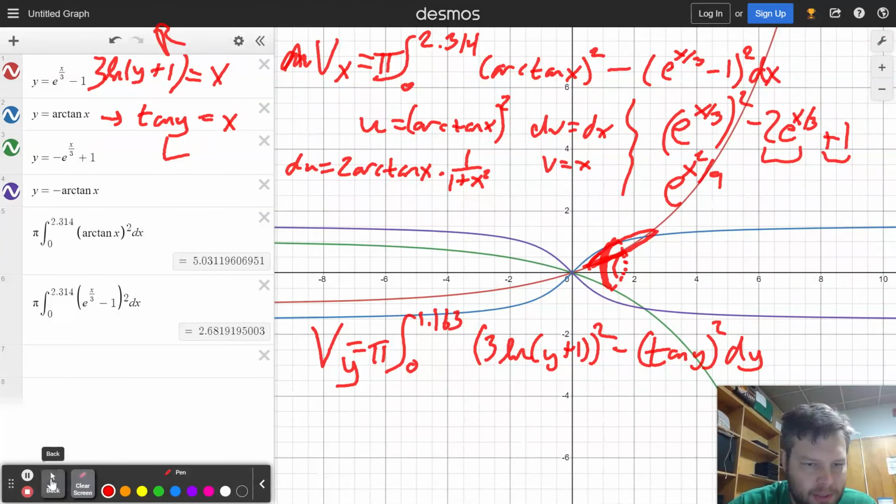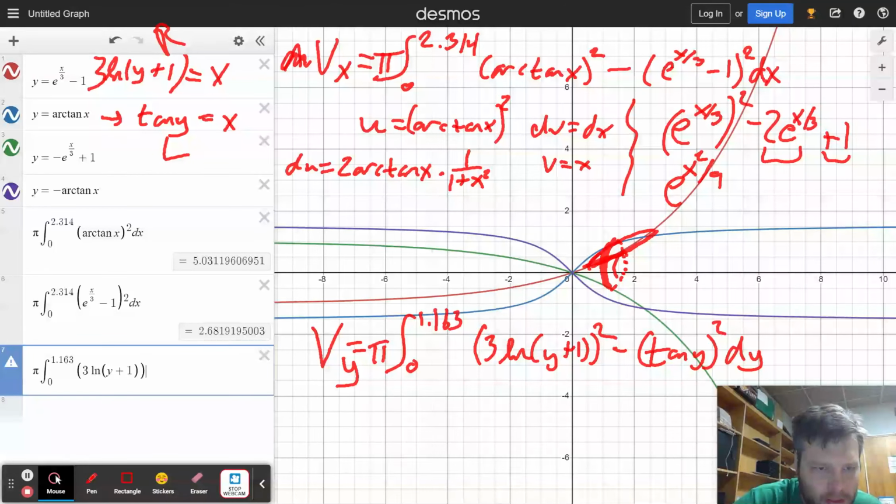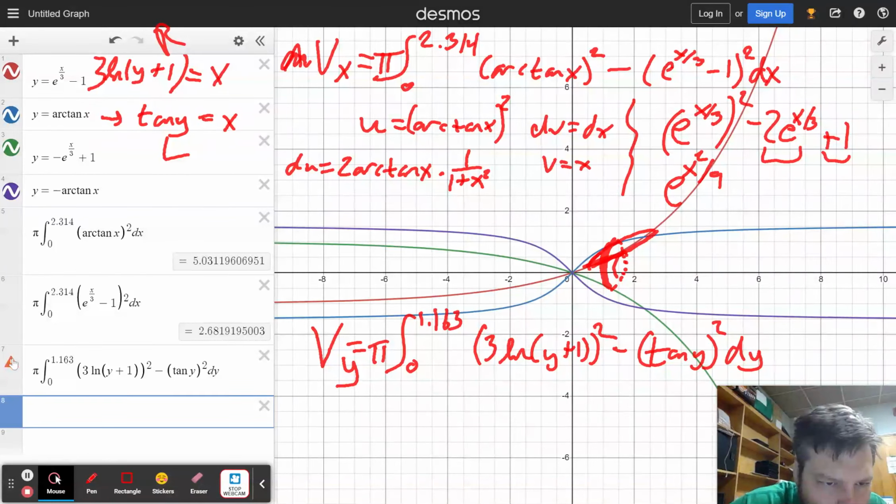And so that'll pop out. I hope I can type it all in at one time this time. Pi integral 0 to 1.163, 3 natural log of y plus 1, squared, minus tan y squared dy. I don't know why it's giving me that error.